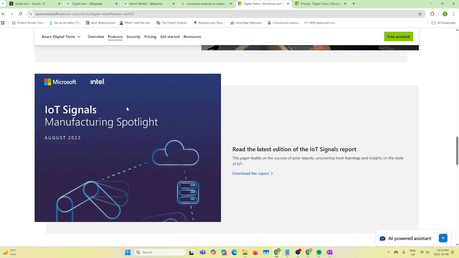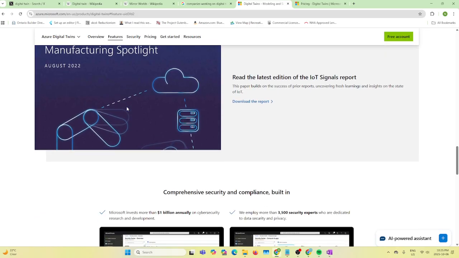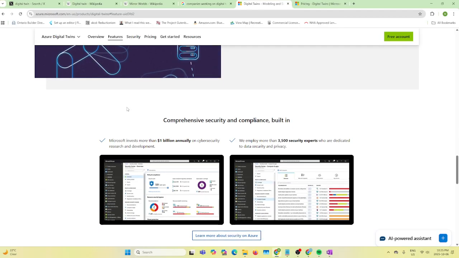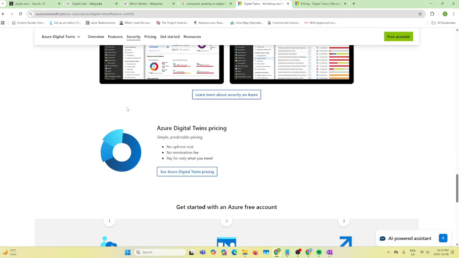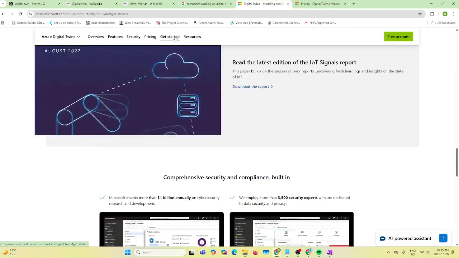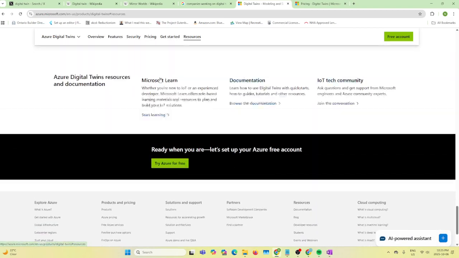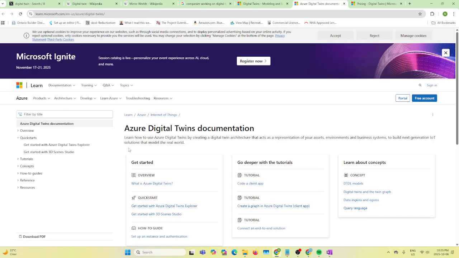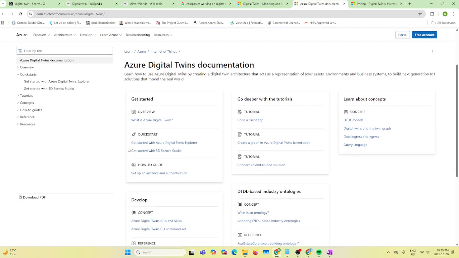Okay, read the latest. IoT signals, manufacturing spotlights, all that stuff, comprehensive security, yeah. Resources, Azure Digital Twins resources, documentation, learn how to use, quick start. Okay, I think we can skim through the documentation on how this works.